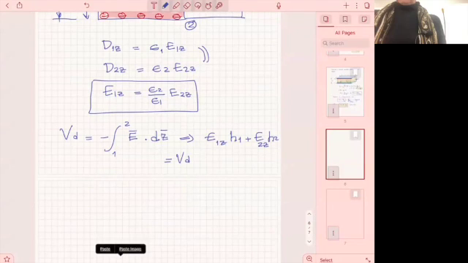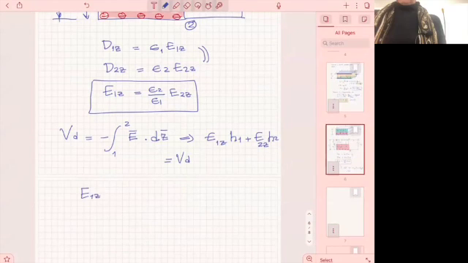I will rewrite it: E1Z H1 plus E2Z (H minus H1) equals V sub D. How much is E1Z?